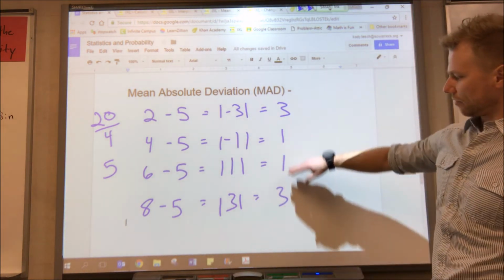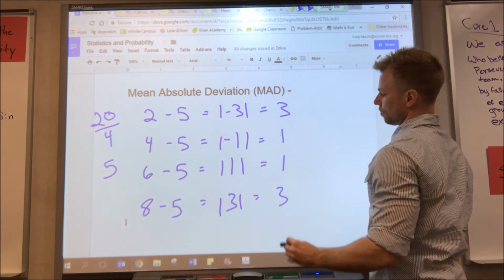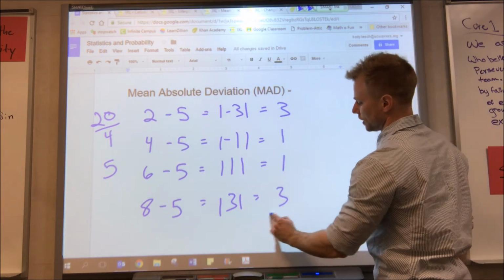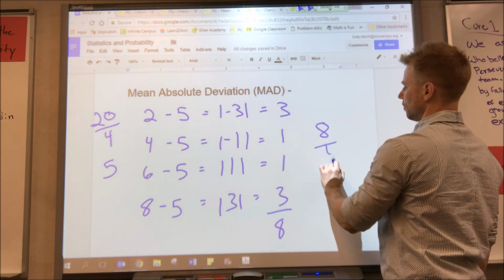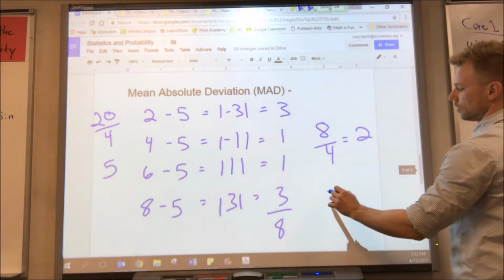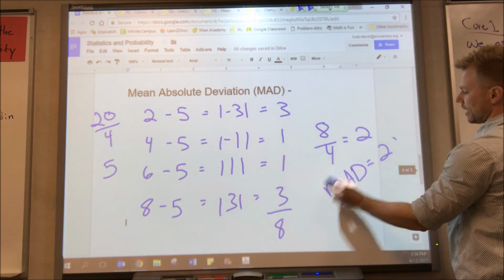And then we find the average of the differences. So we add those together. 3 plus 1 is 4, plus 1 is 5, plus 3 is 8. We divide that by 4. 8 divided by 4 equals 2. So in this data set, the MAD is 2.